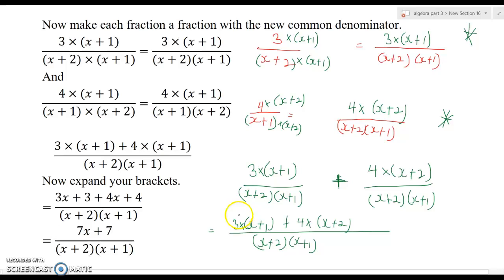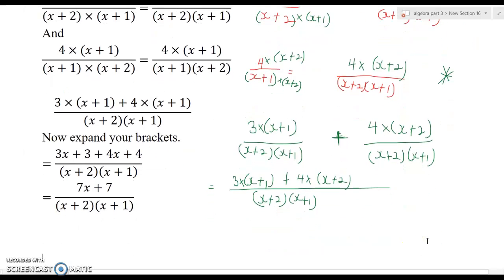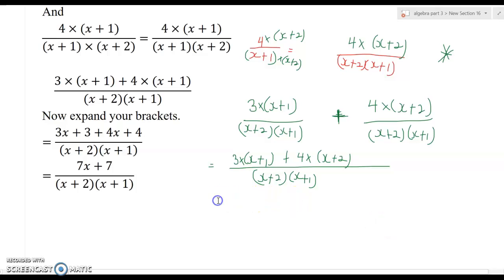So we will get here, let's come down a little bit. So now 3 times x is 3x. 3 times 1 is 3. Cool. Plus 4 times x is 4x plus 4 times 2 is 8.